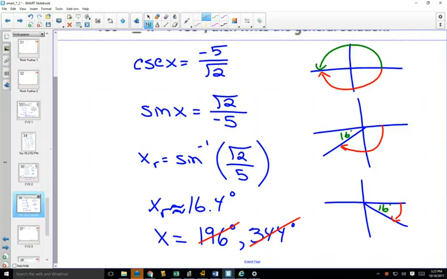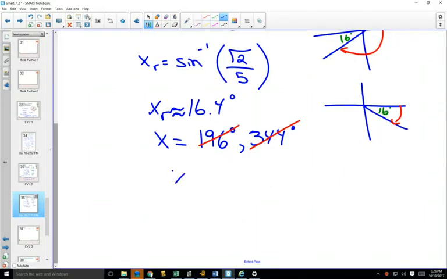So what will our solution be? What's this one going to be? Negative 16 degrees. And this one will be negative 164 degrees. And so that'll be our final answer.